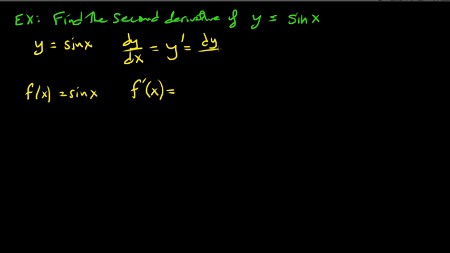Then this would be the derivative with respect to t. What if this is sine of theta? Then this would be the derivative with respect to theta. If you just write y prime, we don't know whether the independent variable is x or t or theta. So you have to be careful when you use y prime. But at least for now, y prime will represent the derivative with respect to x. So sure, y prime is okay.